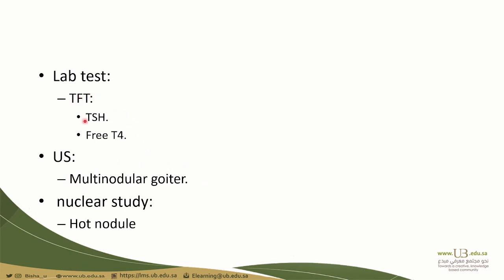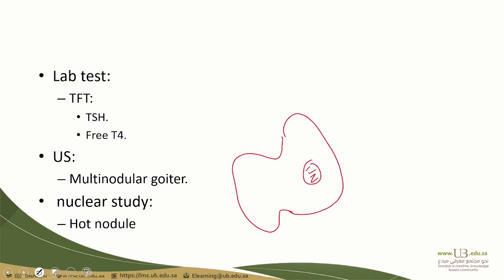If you have low TSH, such a patient should go for a nuclear study, done with radioactive iodine I-123, to check where the hot nodule is between those multiple nodules, and then you will do surgery accordingly.